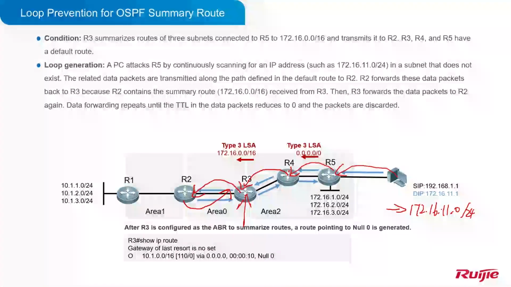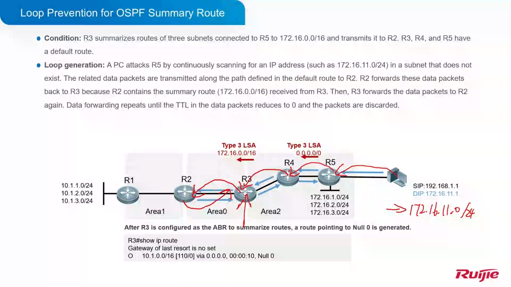This segment is not included in any device, right? Because in this topology, no device has this IP address. So now R3 will transmit the packet to R2, and R2 will transmit the packet to R3 again and again, right?